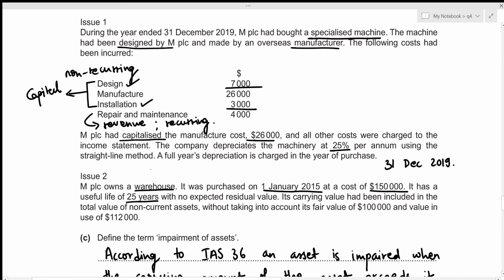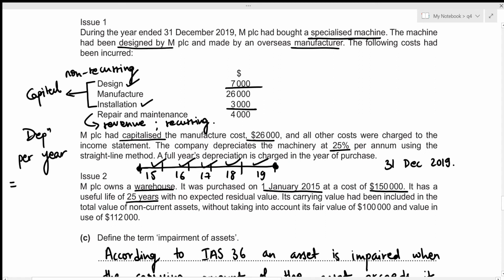So, okay, I'm just going to prepare a timeline. So we have the year 2015, 16, 17, 18, and 19. And we purchased the warehouse at this point, beginning of 2015, and we are talking about the net book value at the end of 2019, which means that we need to charge depreciation for these 5 years. So let's figure out our depreciation charge per year.